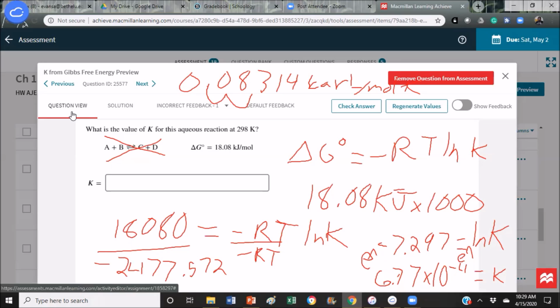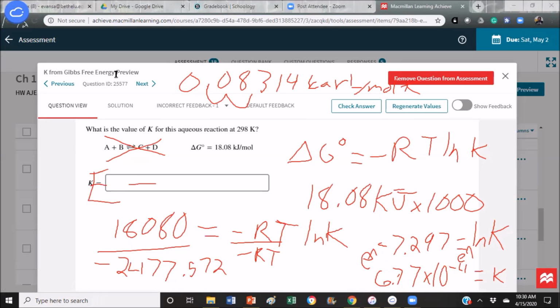This E in the calculator does not equal this E, because that is a constant. That E is 2.718. It's like a constant, like pi.